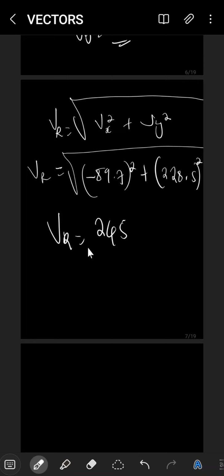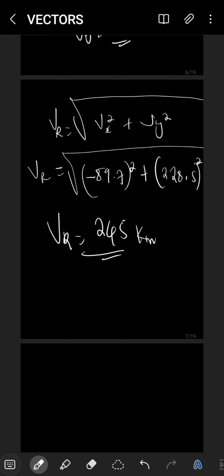That should give you the resultant vector to be 245.4757. Anyway, we can leave it to three significant figures, which should just be 245 kilometers. Or, depending on the specifications, if you've been taught to write it with one decimal place, you can get the whole decimal idea, and you'll have 245.5.